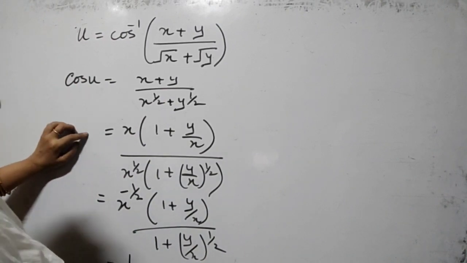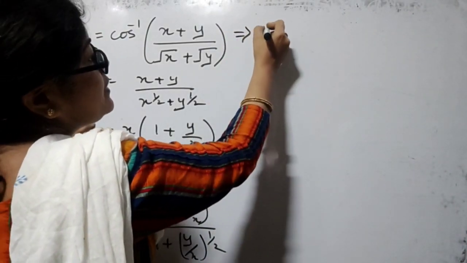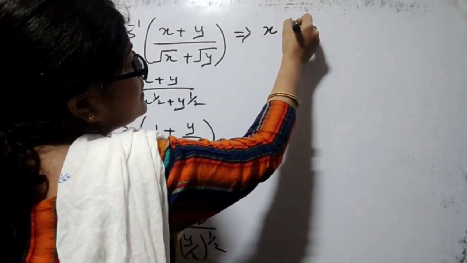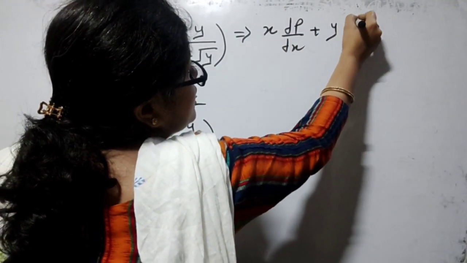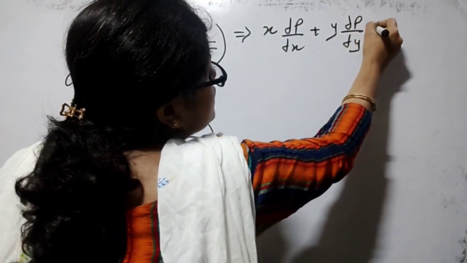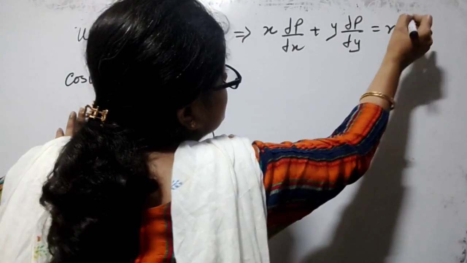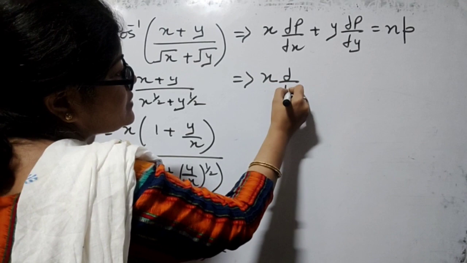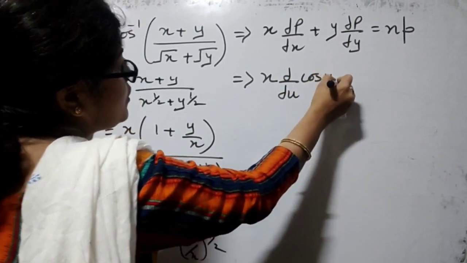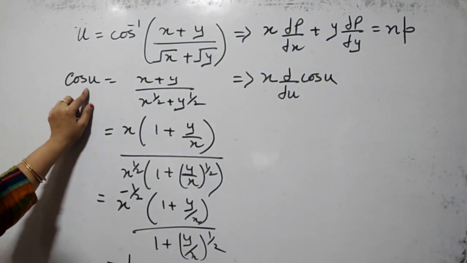Now we have to find the Euler's theorem for this. So we get x dp over dx plus y dp over dy, which is equal to the degree of the function. So we substitute the value: x d over dx of cos u, because we have here cos u.